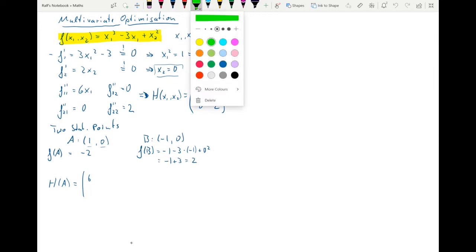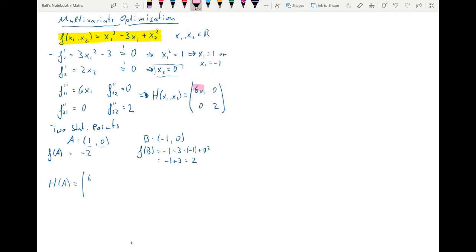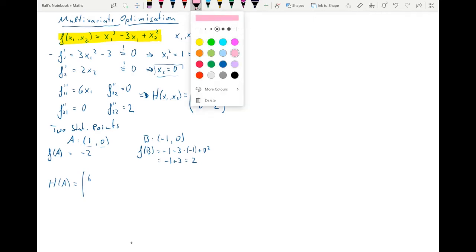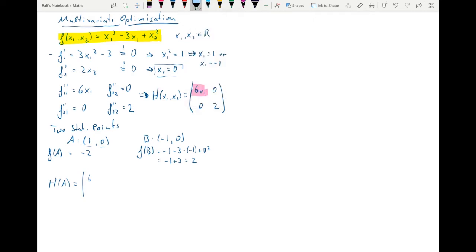When we calculate the Hessian here, let me use a different highlighter. The Hessian only has one value, the (1, 1) element, that changes with the argument. Everything else in that Hessian is constant. Right? This value and this value will always be the same.